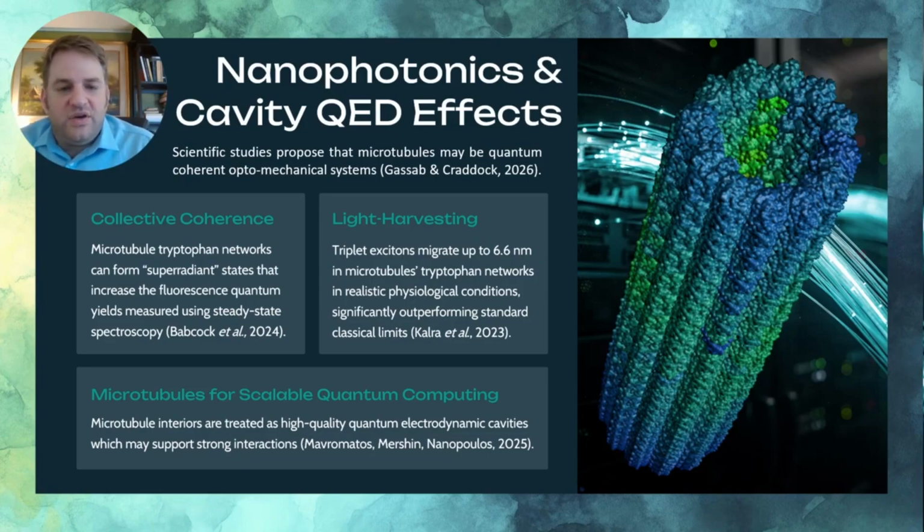So we have a good reason to believe that coherent light matter interactions do exist in microtubules. And in fact, in some experiments that also supported this view, triplet excitons migrated up to 6.6 nanometers in microtubule tryptophan networks in realistic physiological conditions that significantly outperformed the migration rates that would be expected based on standard classical limits.